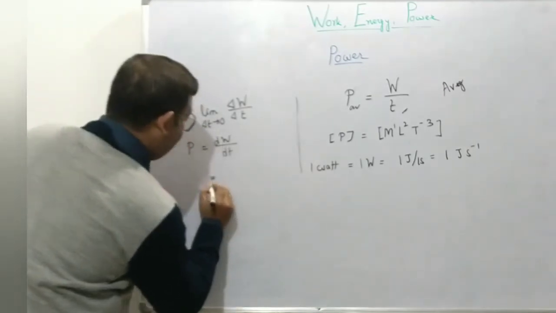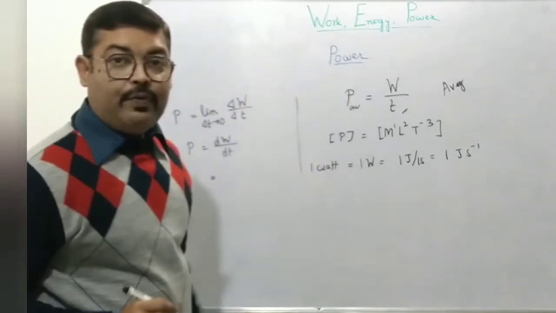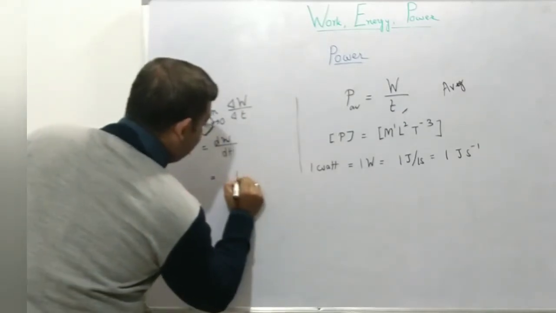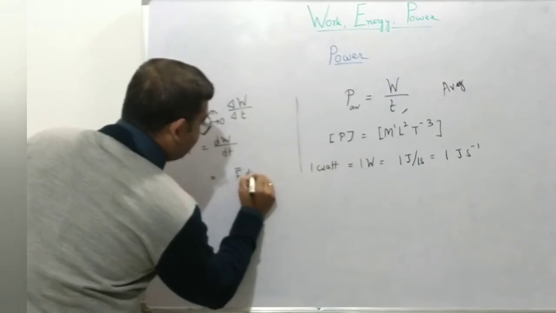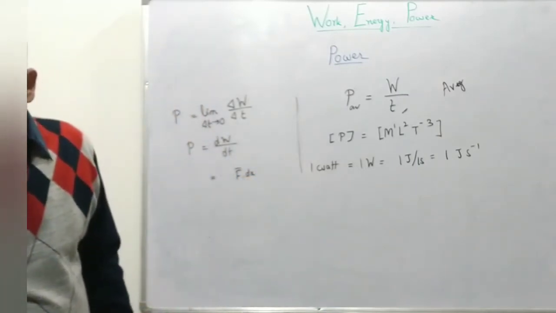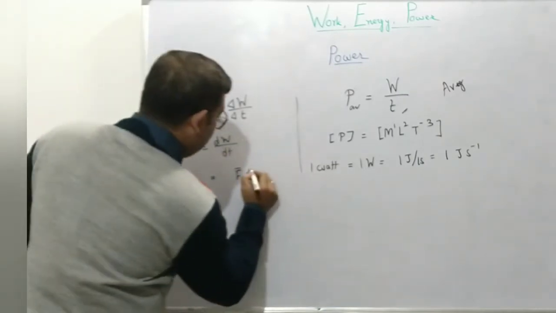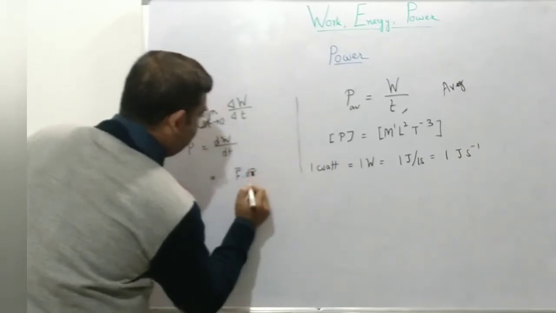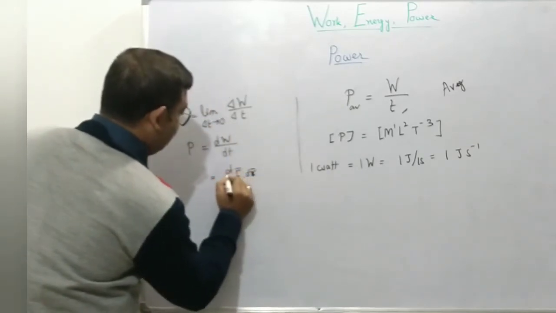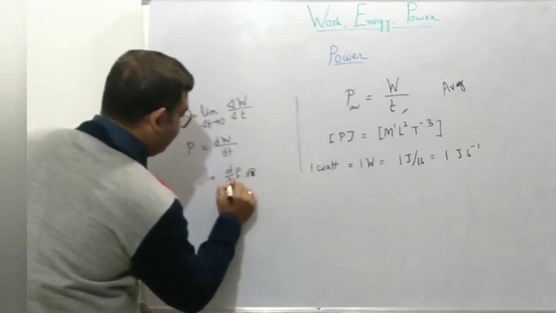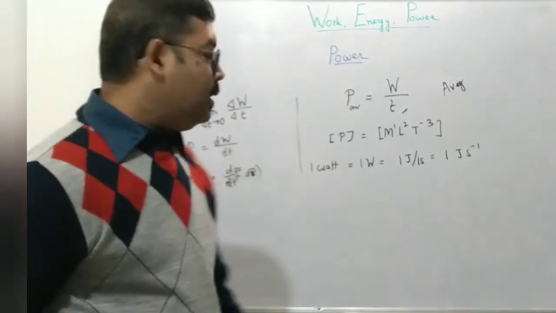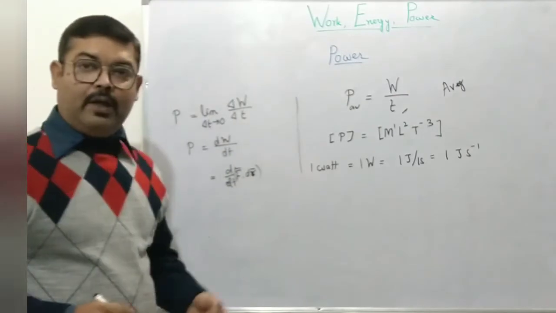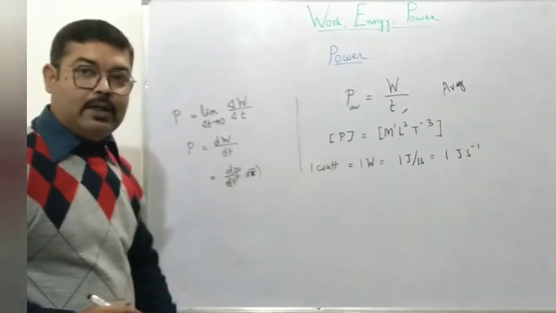However, from our first video on work, power and energy, we had found that W is given by F dot dx, or F dot dr, displacement. So this must be d by dt of F dot dr. Now we have considered that if dr is infinitesimally small, F can be considered as practically constant.